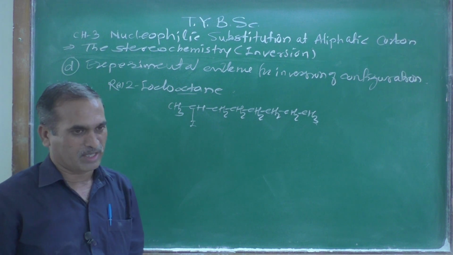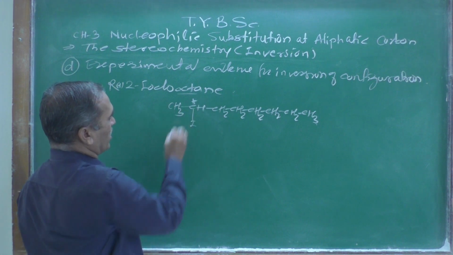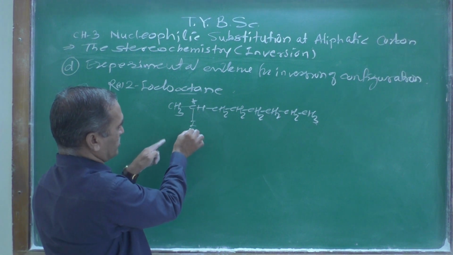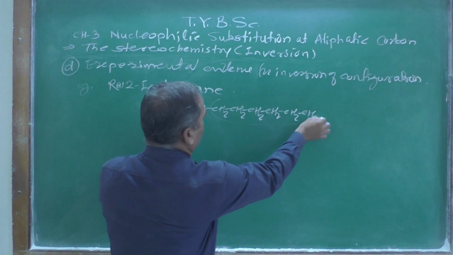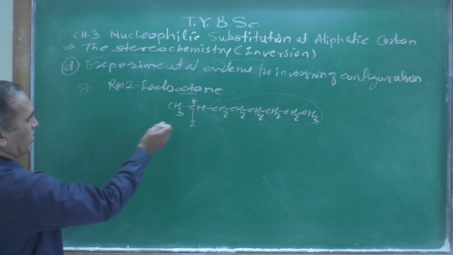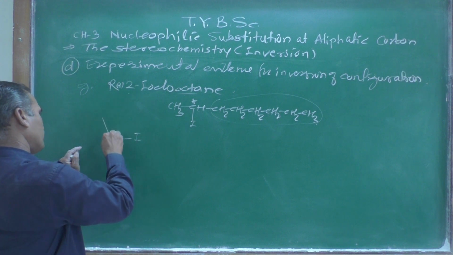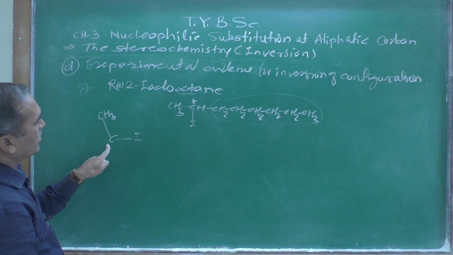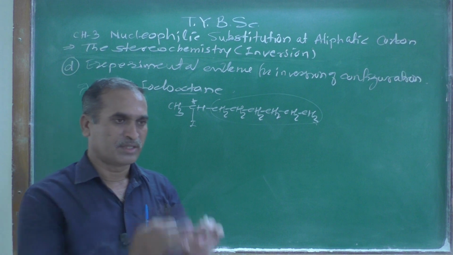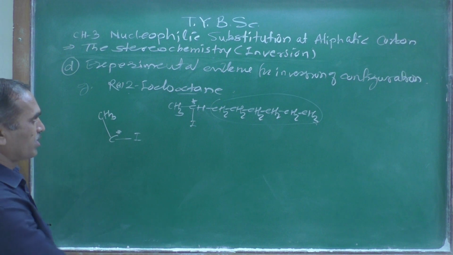Now, can you tell me how many chiral centers are present here? Only one chiral center is present. Look here: this carbon atom is attached to 4 different groups. One is hydrogen, one is iodine, one is a methyl group, and one is this big group, right? The iodine and the methyl group carbon are in the same plane, shown by normal lines.